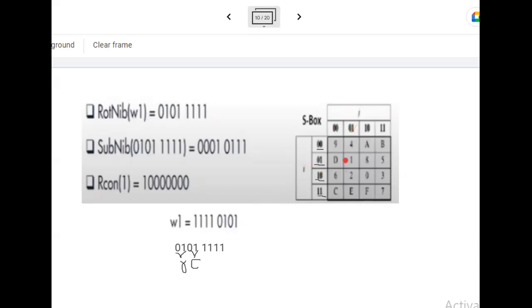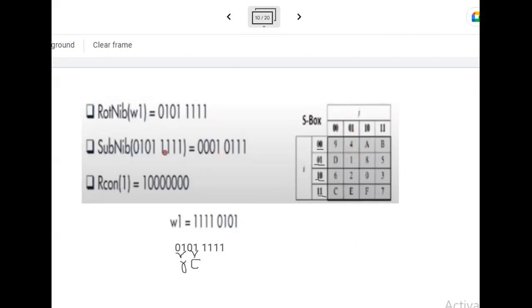The value we are getting is 1, and then you have to represent the 1 in binary format. So that is nothing but the substitution operation. So the binary value for 1 will be 0001.